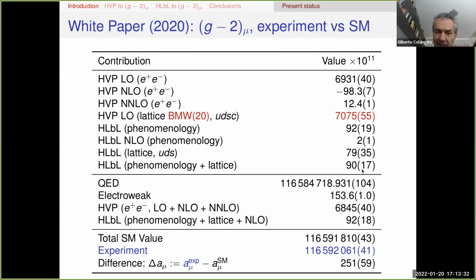And to add to that, we have to mention the BMW result, which, as I mentioned, came at the same time as the Fermilab announcement, with a larger estimate for hadronic vacuum polarization, and for the first time for a lattice calculation, an uncertainty which is compatible to the one obtained with the data-driven method.